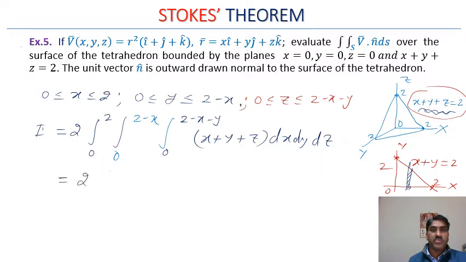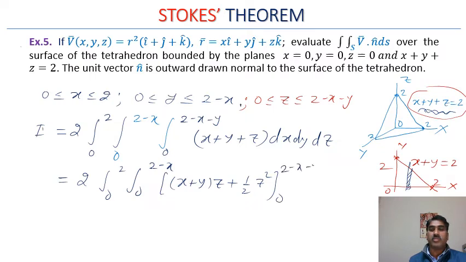So you get 0 to 2, 0 to 2 minus x, then x plus y times z plus half z square, and the limit applies to this, 0 to 2 minus x minus y, dx dy.